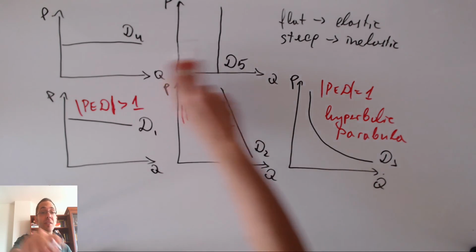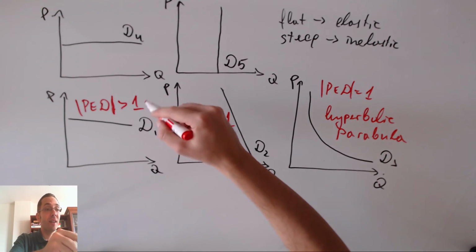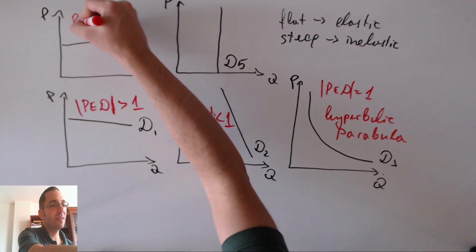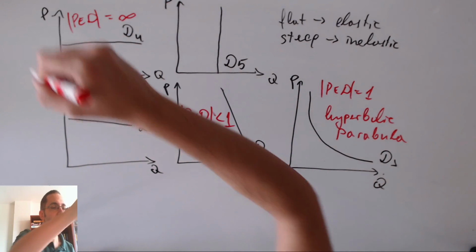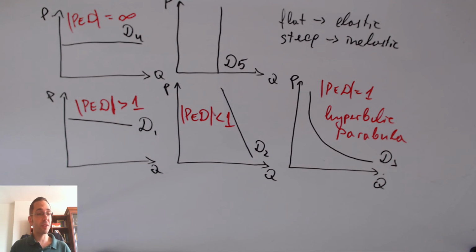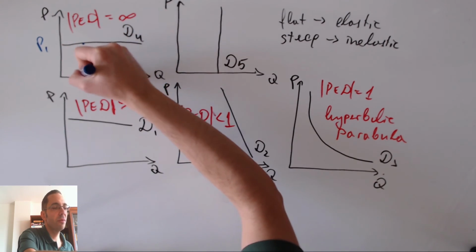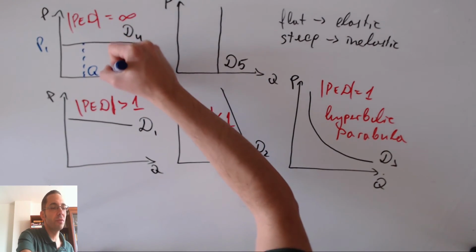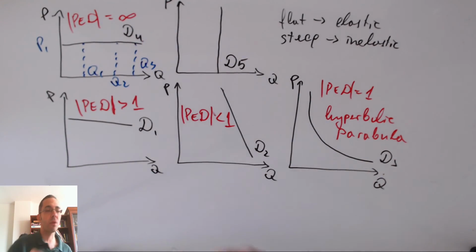Now, these two cases, however, they're the ones that are interesting. This one is the horizontal line. Price elasticity of demand would be equal to infinity. Notice, this is what I was telling you before. For that given price of P1, you're free to sell Q1 units, but you can also sell Q2 units, you can sell Q3 units, and so on.